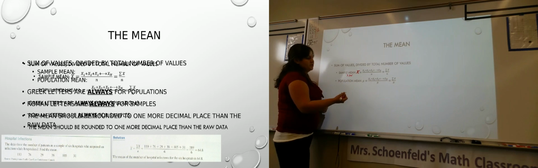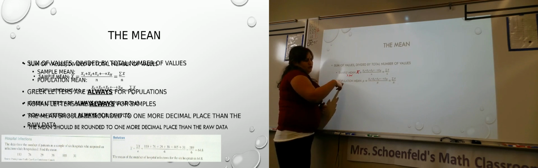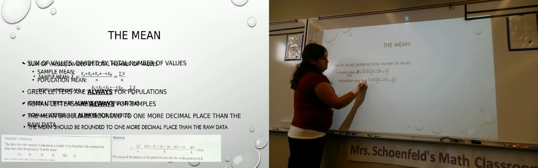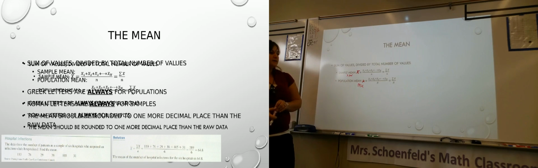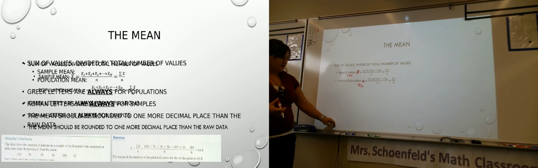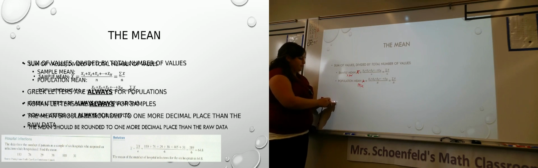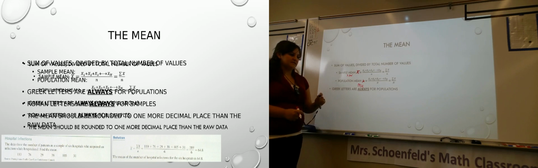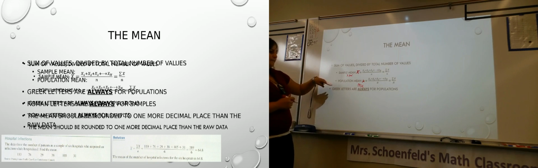If I say the population mean, which I usually won't, that's mu, the Greek letter m, a lowercase m basically. Whenever we do statistics, populations are always with Greek letters.